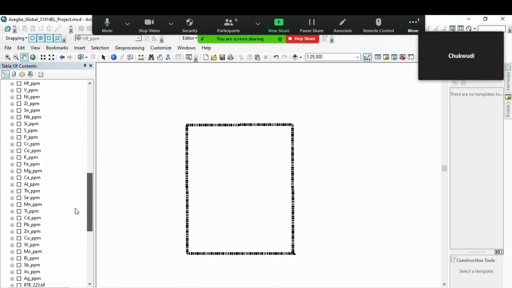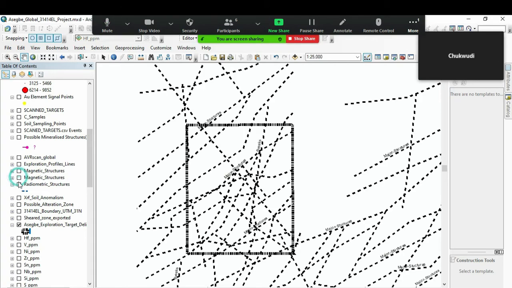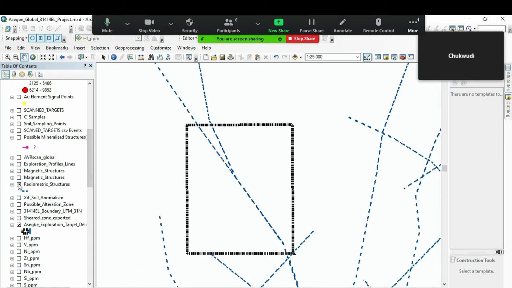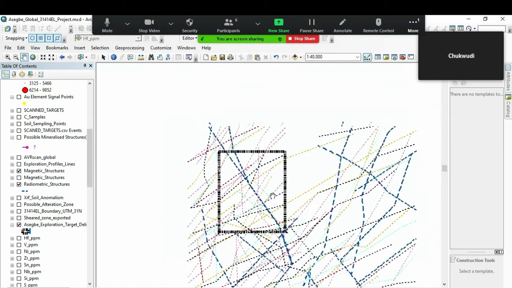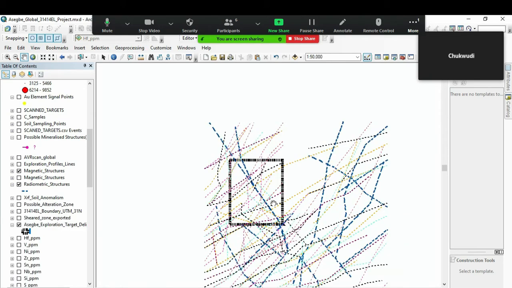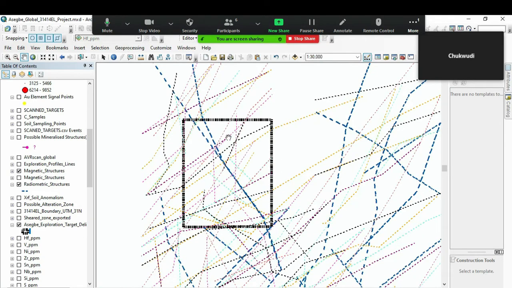First of all, we did the magnetic interpretation of this area with radiometric structures. So this is the kind of thing we have here. Basically, we were able to delineate these plates based on shearing.